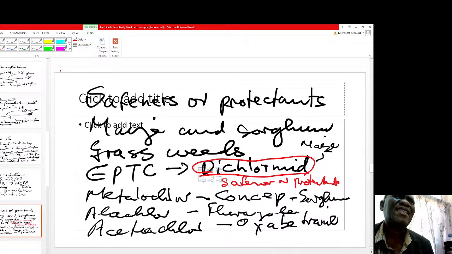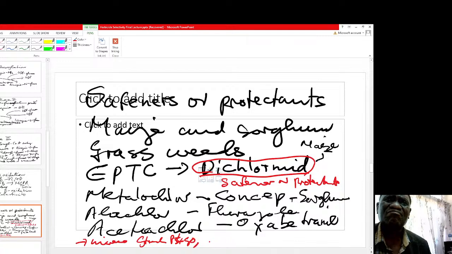How does the safener work? It may increase cytochrome P450, it could increase glutathione, or UDP glucose transferase.